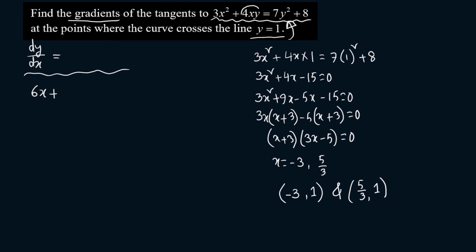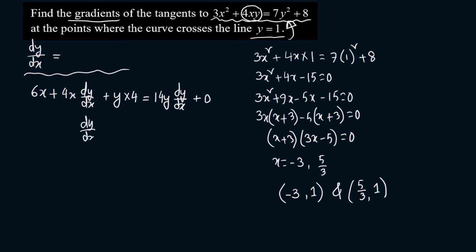Actually we needed to apply here the product rule, which is 4x dy by dx, then plus y into dy by dx of 4x gives us 4, and on the right side it is 14y, then dy by dx plus 0.